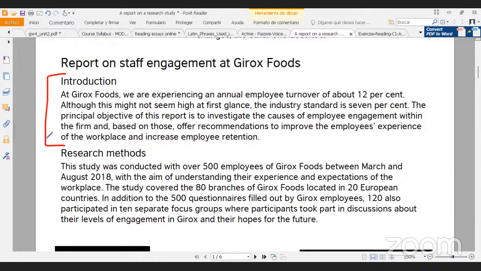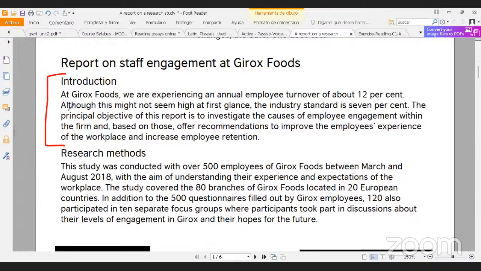Although this might not seem high at first glance, the industry standard is 7%. The principal objective of this report is to investigate the causes of employee disengagement within the firm and, based on those, offer recommendations to improve the employee's experience of the workplace and increase employee retention.